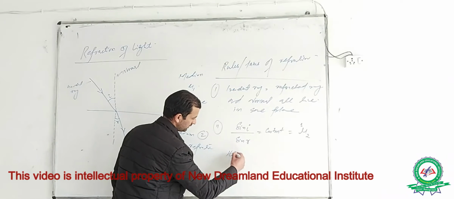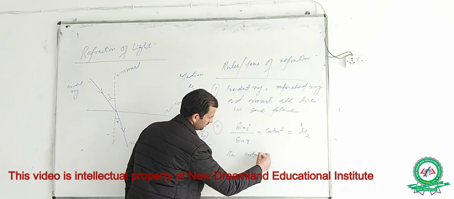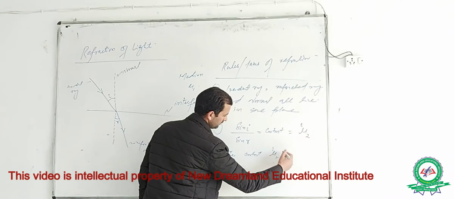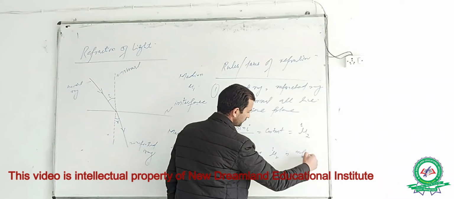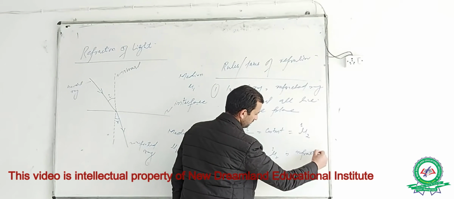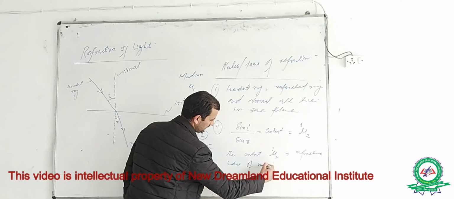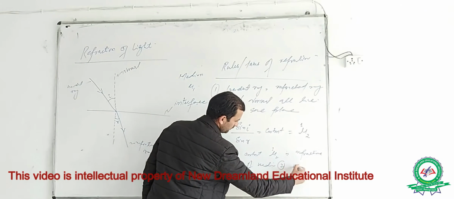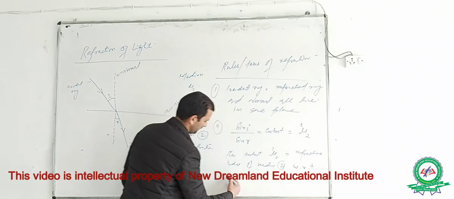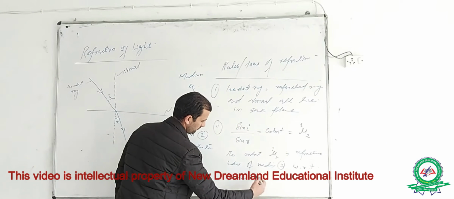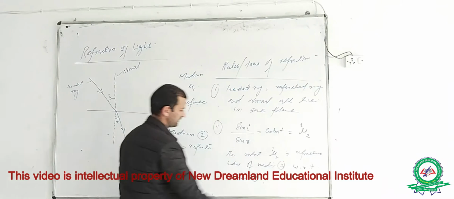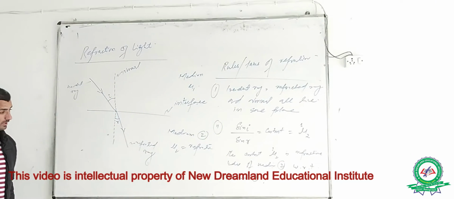So I write the constant mu21 is the refractive index of medium 2 with respect to medium first, with respect to medium 1.